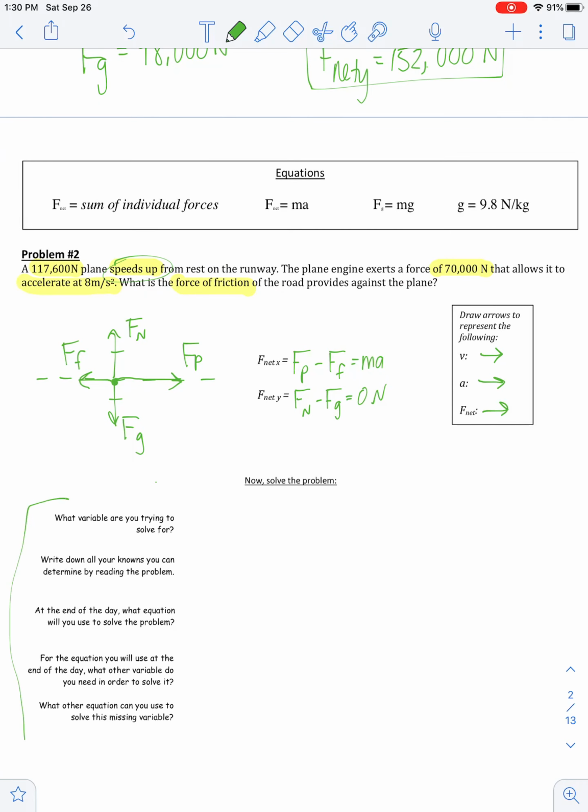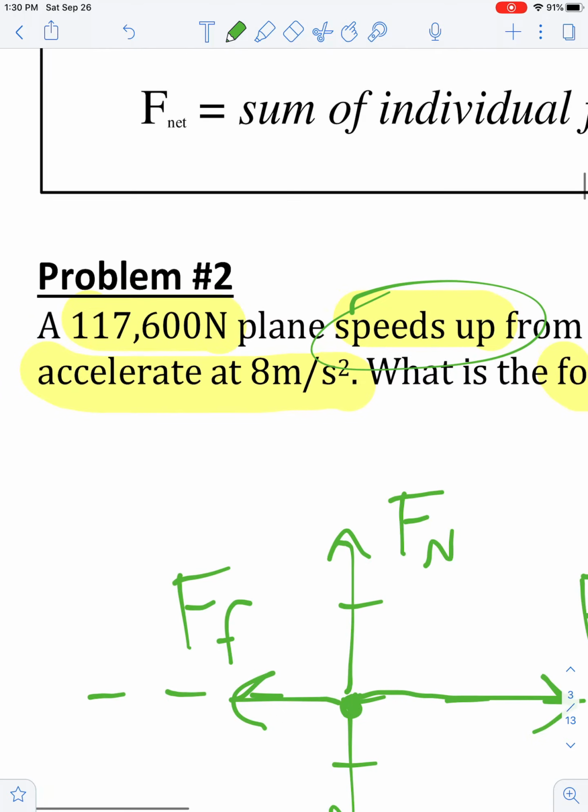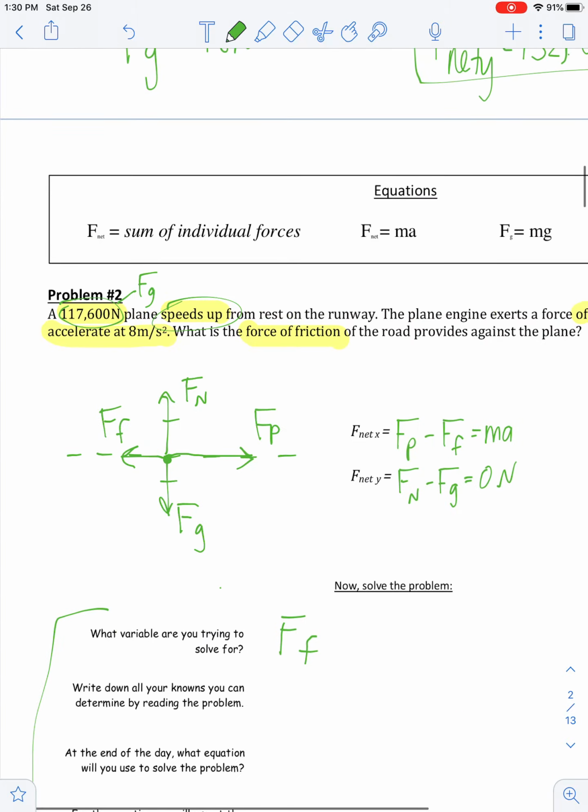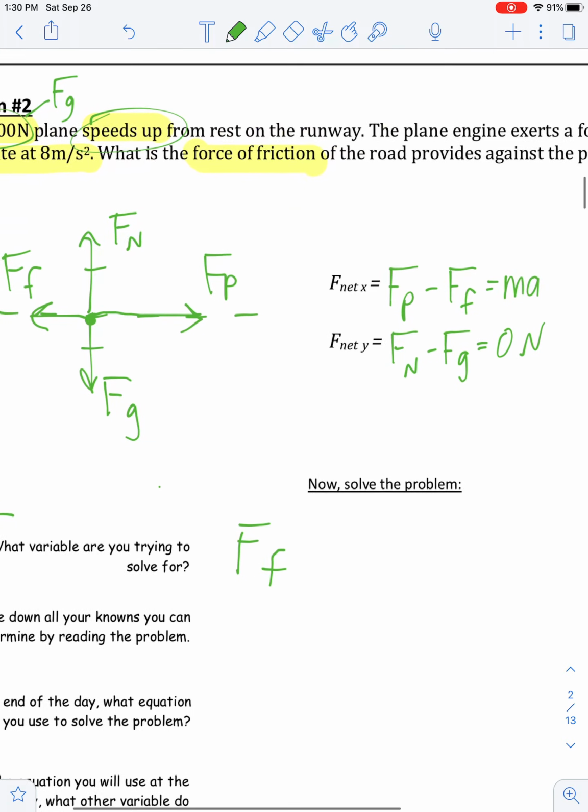Again, these are the questions you should be asking yourself in your head. What variable am I trying to solve for? It said the force of friction. So I'm trying to solve for force of friction. What do I know from the problem? 117,600 newtons. That's the weight. How do I know that's the weight? Because it's measured in newtons. Otherwise, they would say kilograms.